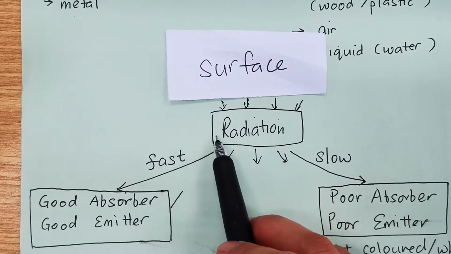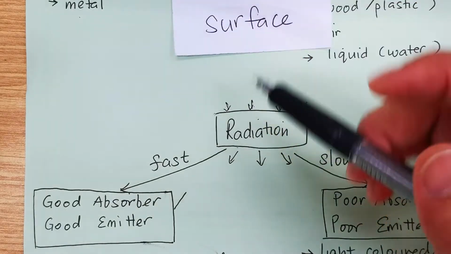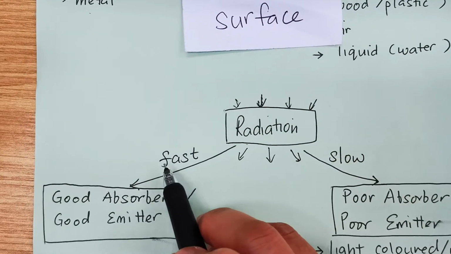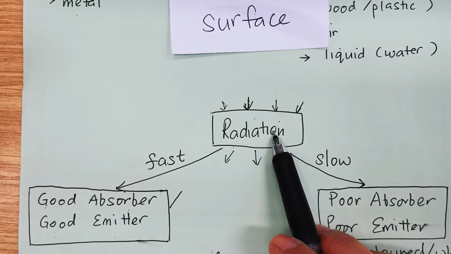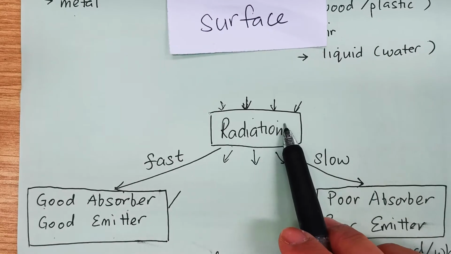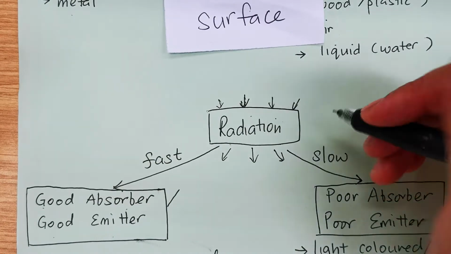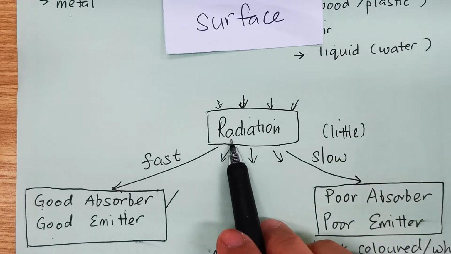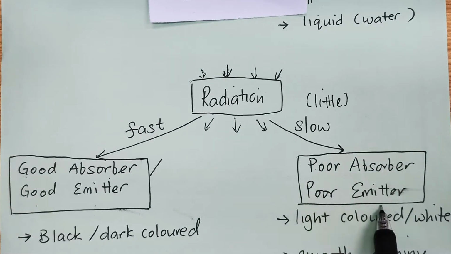If that kind of surface is very good at taking in or giving out radiation, if it's very fast, then we call it a good absorber or a good emitter. If the surface takes in very little radiation, then I will call it a poor absorber or poor emitter.